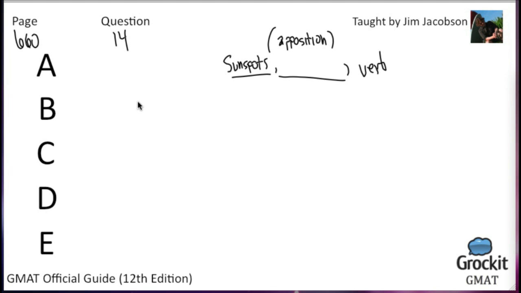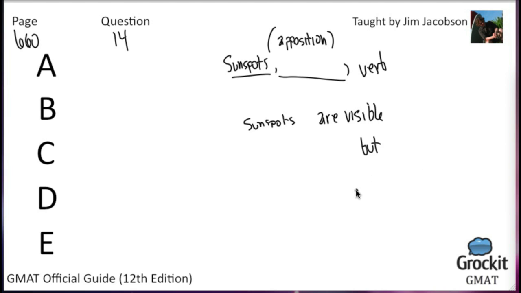Okay? So the main sentence is "sunspots are visible." The word "but" is a coordinating conjunction which joins two things that are similar grammatically. "Sunspots are visible" is an independent clause, and so we would expect to join either another independent clause or another verb phrase. So "sunspots are visible, but," and in this case we don't have a new subject.